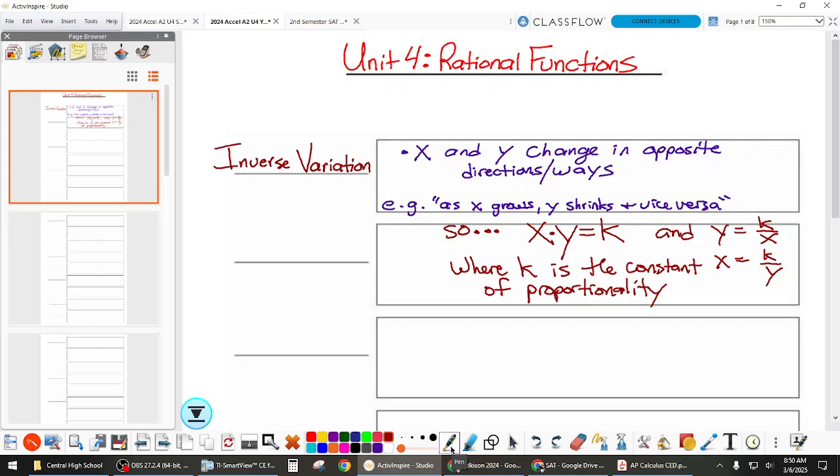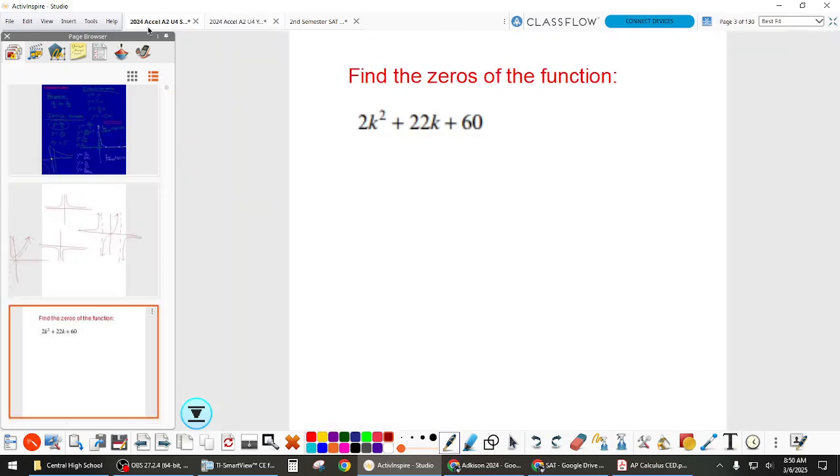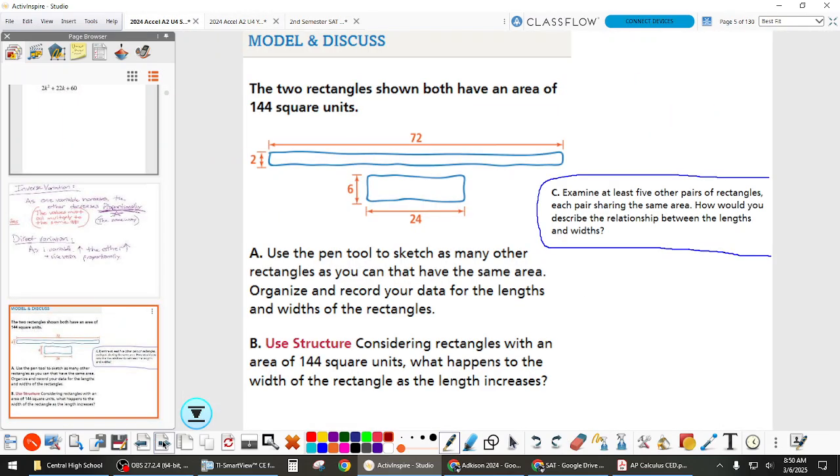Alright, guys, so inverse variation, we're going to mention it, and then you won't really hear it the rest of the unit. So I don't want to belabor this too much. Let me show you some of the problems that these have. Here's a good example. Both of these rectangles have the same area. They're poorly drawn examples in here, but basically the idea is this.